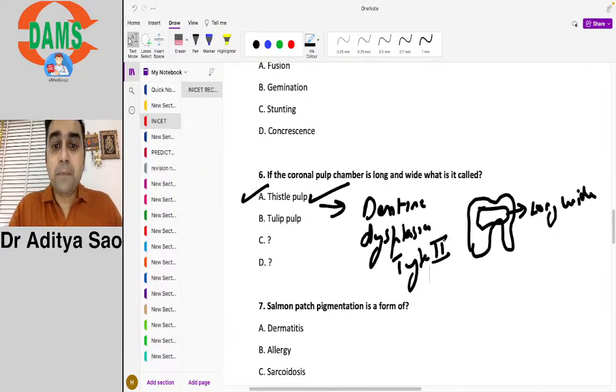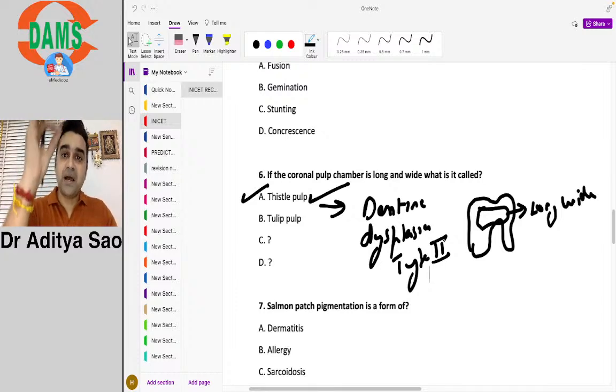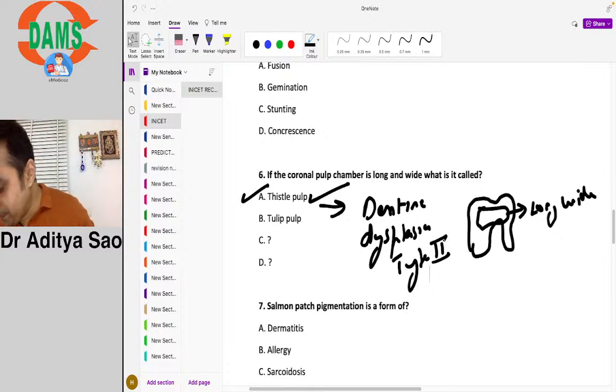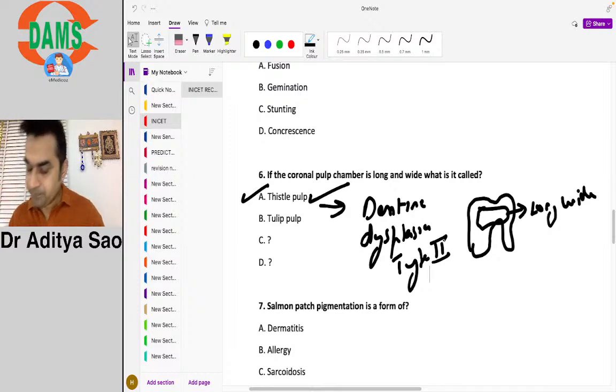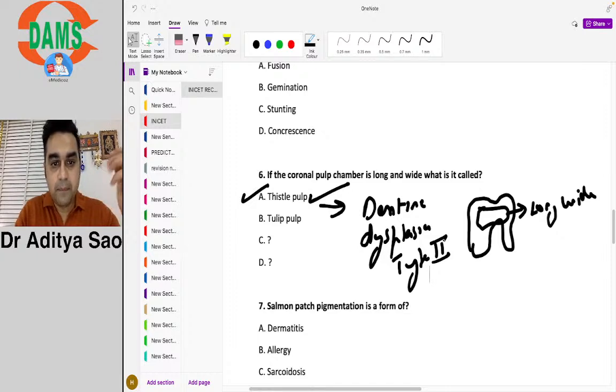So if the coronal pulp chamber is long and wide, it is called thistle pulp, which we see in dentinal dysplasia type 2.